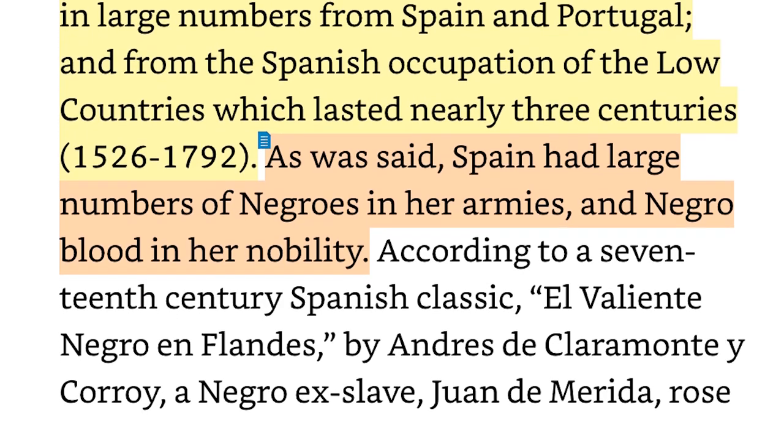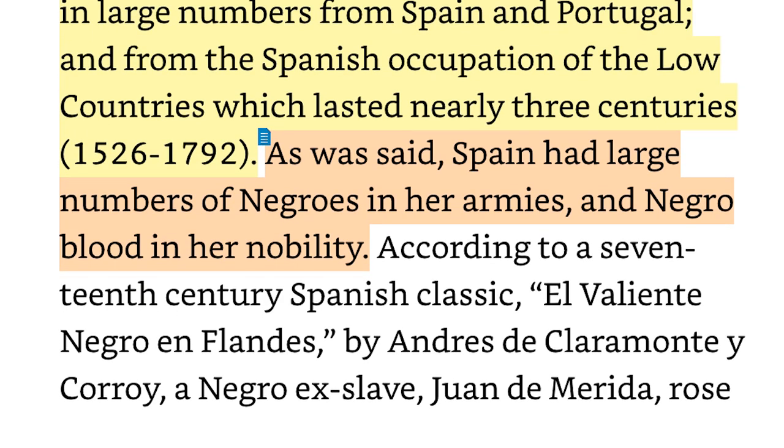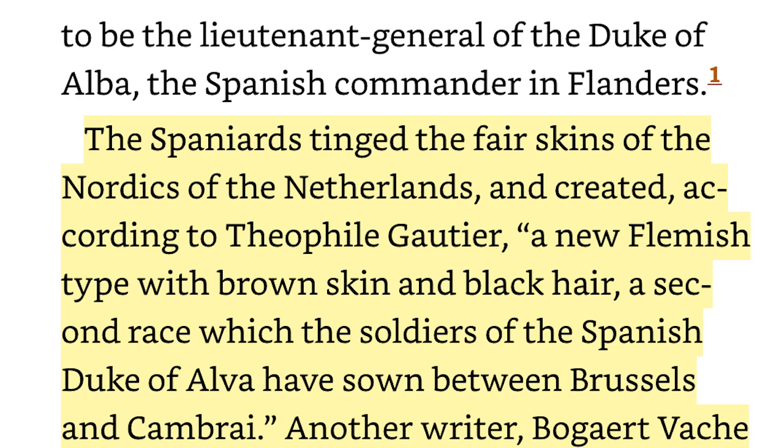As was said, Spain had large numbers of Negroes in her armies and Negro blood in her nobility. According to the 17th century Spanish classic El Valiente Negro en Flandes by Andrés de Claramonte y Corroy, a Negro ex-slave, Juan de Mérida, rose to be the lieutenant general of the Duke of Alba, the Spanish commander in Flanders.